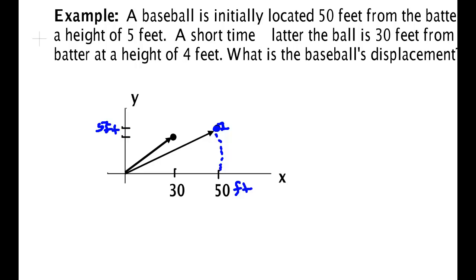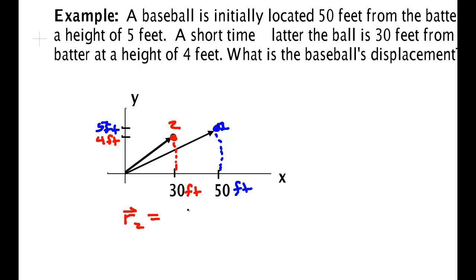And then some later time, the ball moves to a new spot right here. Call that point 2, which is located at 30 feet along the x, and it's located 4 feet along the y. I'm going to go ahead and write those two vectors down.